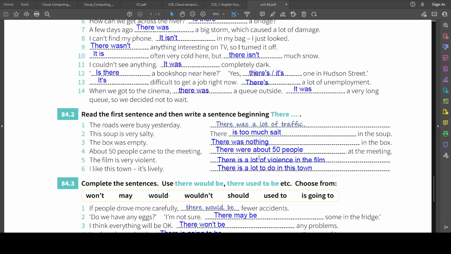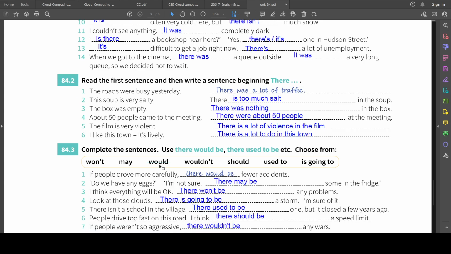So, let's move on to the next part. So what's exactly the difference between both of them? The first one expresses a specific thing, like the roads were busy yesterday. So check it out, the road, a specific thing. This soup, we're talking about a specific thing. This soup, it's very salty, right?